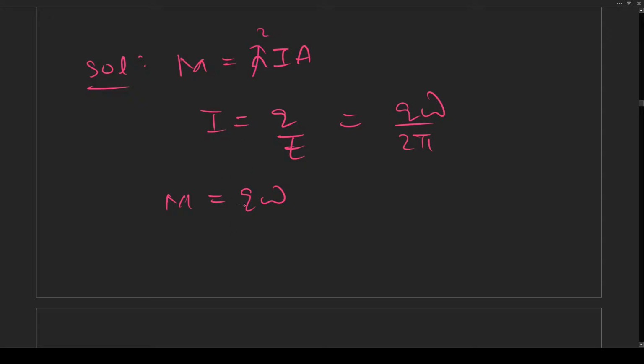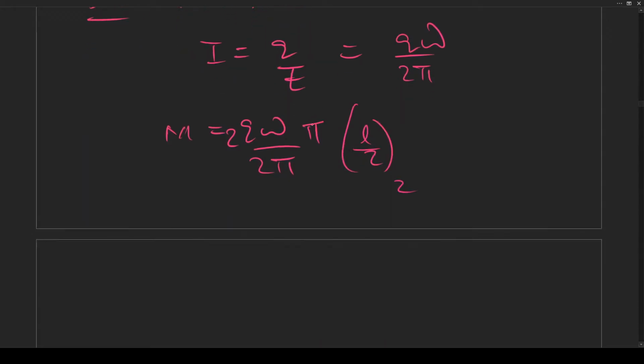So this will become 2 q omega by 2 pi, and area, which is pi r square. So you can write it as pi L by 2 whole square.